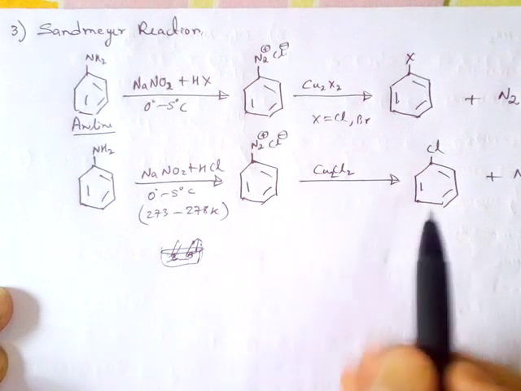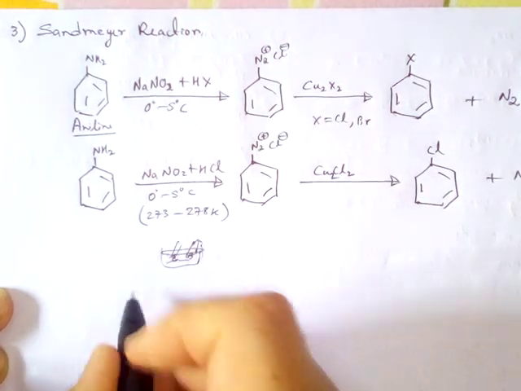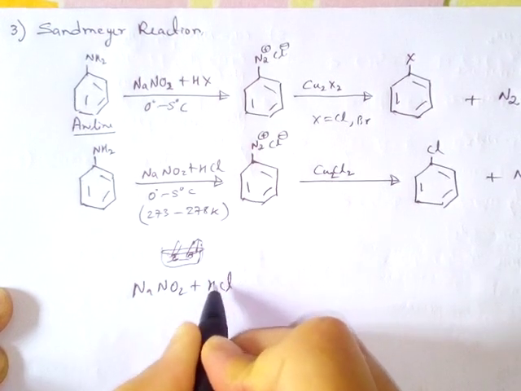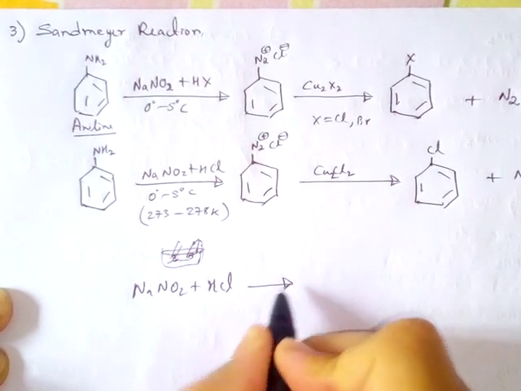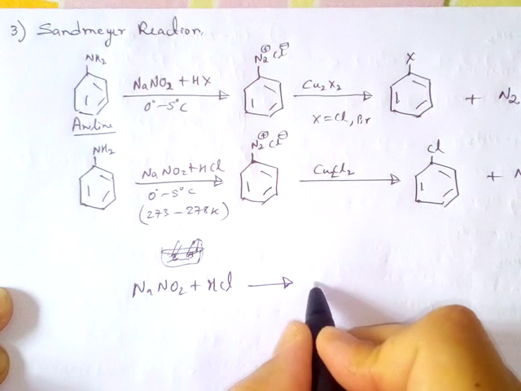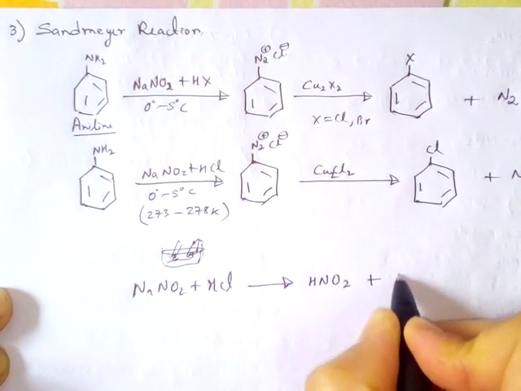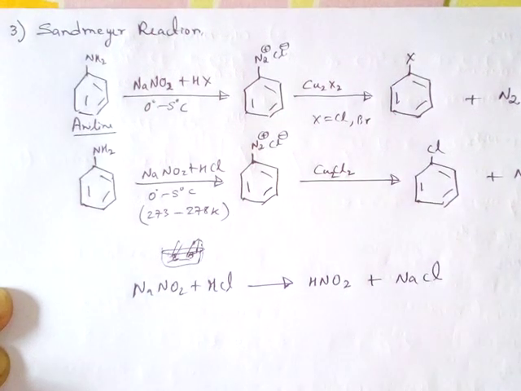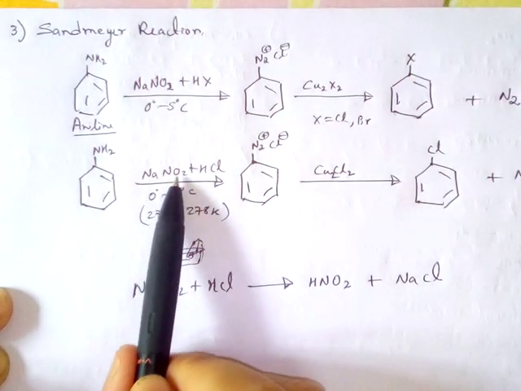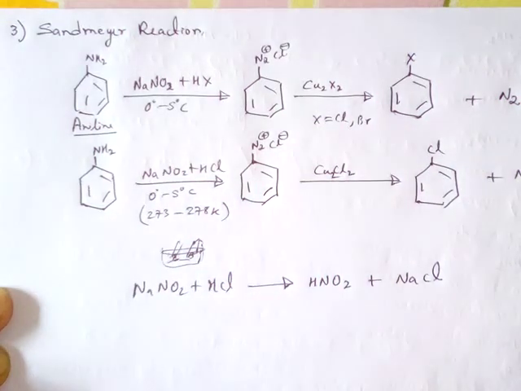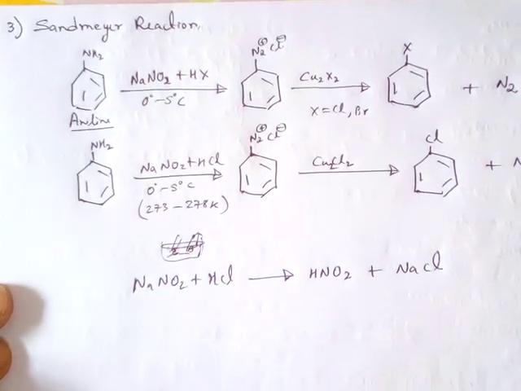Sometimes you must know that when these two react, NaNO2 plus HCl, first you have to mix these two. So it releases HNO2 plus NaCl. In some reactions, instead of NaNO2 plus HCl, it is also written as HNO2. You have to understand it is the same thing.